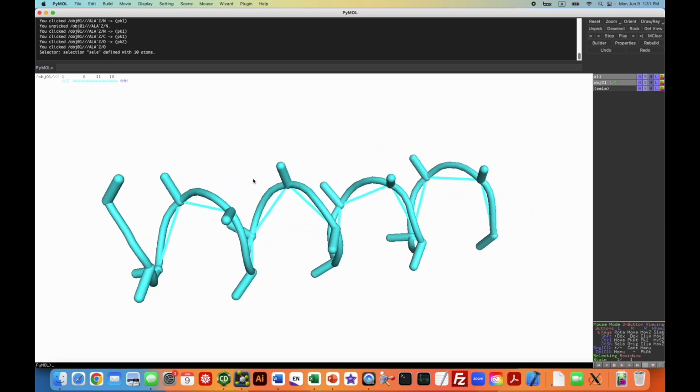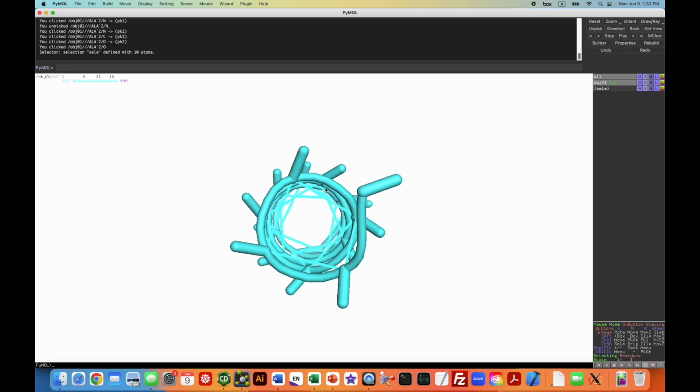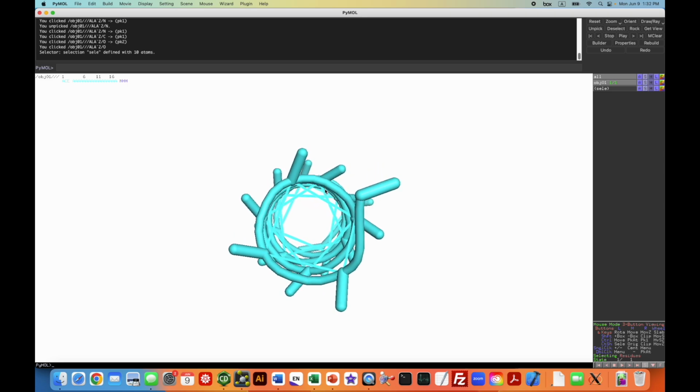Okay, so if you look down the helix from the N terminus to the C terminus, you can see that you get this spiral pattern of amino acids that are pointing outward. And at about 3.6 amino acids per turn, you can predict where each side chain ought to be. Questions about that?